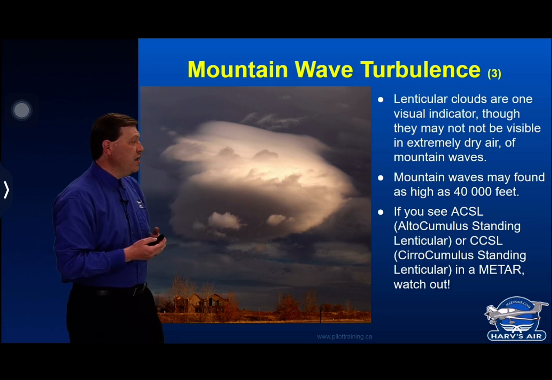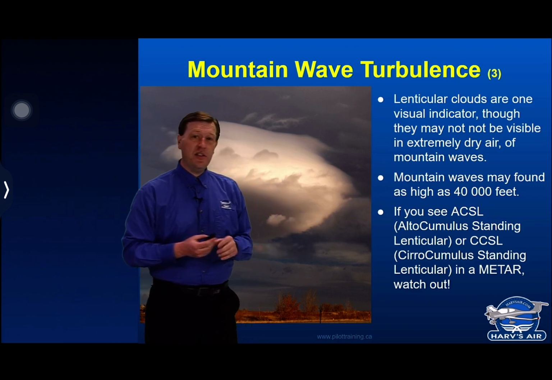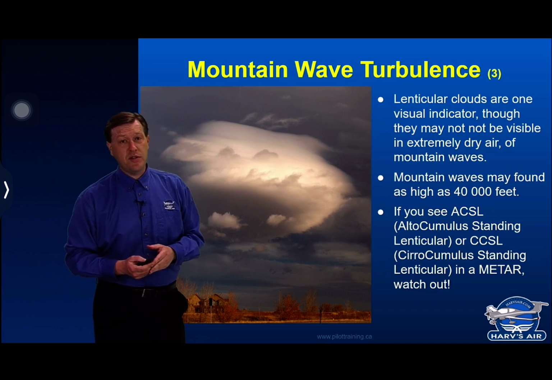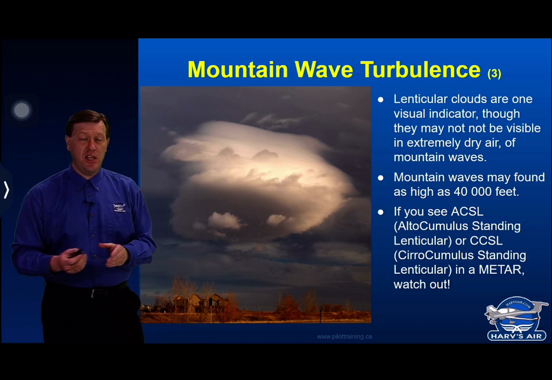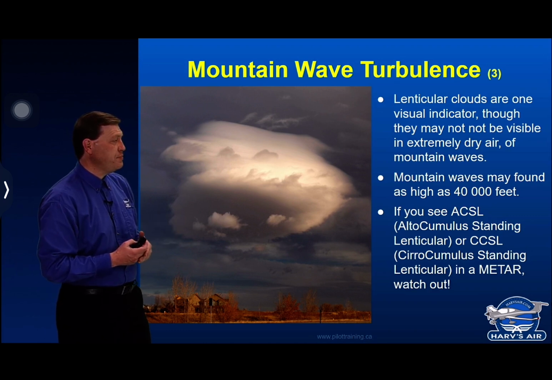Okay, good. Mountain waves may be found as high as 40,000 feet. That's the official number to use for the exam, although research has shown that they sometimes extend up to 70,000 feet. Remember, 40,000 feet for the exam, though.